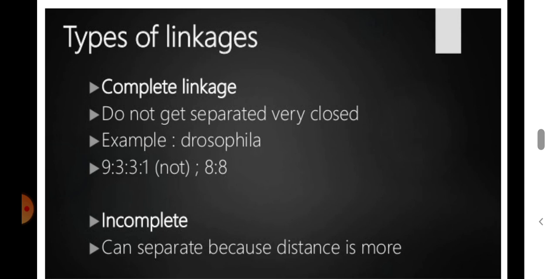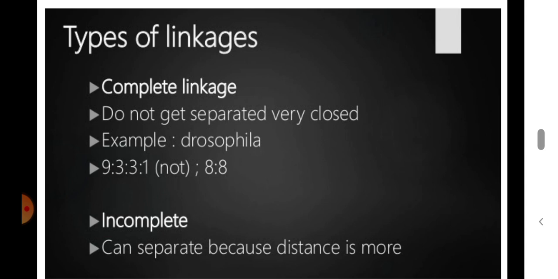Then types of linkage. Two types mainly, complete linkage and incomplete linkage. Complete linkage is exhibited when the genes for a particular character are present very close to one another. It is due to non-breaking of the gene combination situated on the chromosome. It is very rare in nature.